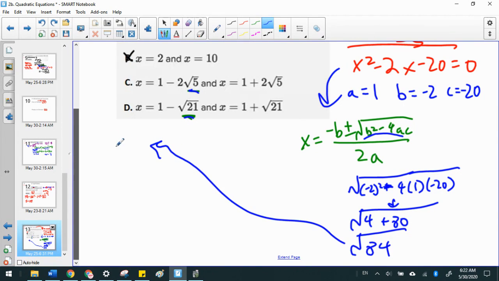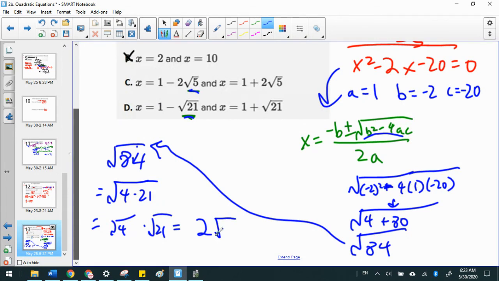And when I have the square root of 84, you have to remember that 84 is really just the square root of 4 times 21, which separates into the square root of 4 times the square root of 21, also known as 2 times radical 21. And now that we see that it's a radical of 21, it becomes really, really simple for us to figure out that D has to be my final answer without crunching the rest of this formula and trying to find both solutions. And that is a better way to shortcut through this answer.